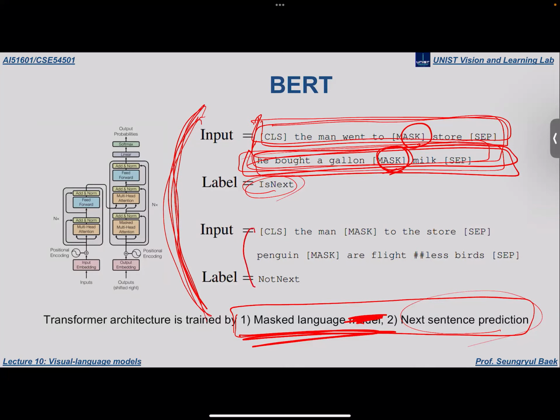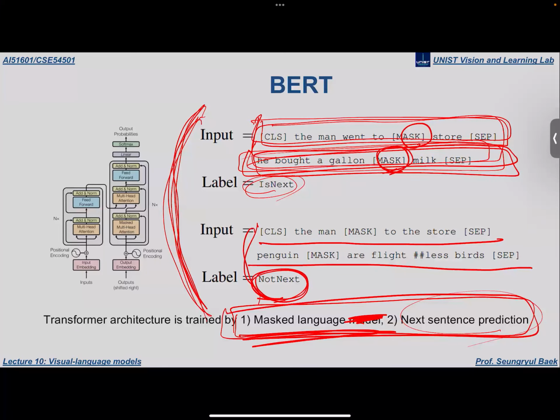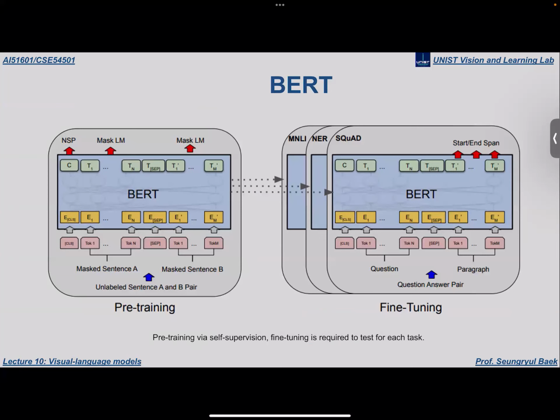For example, here the first sentence and second sentence were not originally in sequence. So we already know that those two sentences were not in the same sequence. We can label it as not next and enforce the network to estimate that. So these were the two tasks used in BERT.